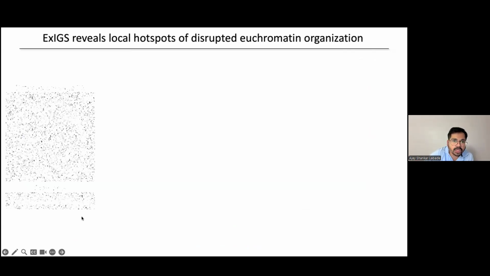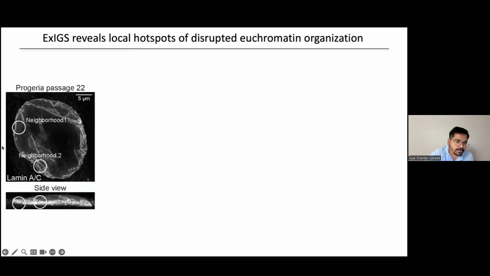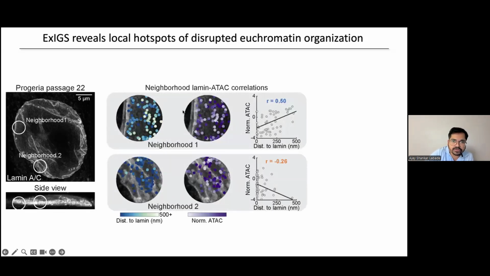But the nucleus is huge, and we wanted to know if there are good neighborhoods and bad neighborhoods in the nucleus. So we wanted to know if it is local or global disruption. So for example, in this progeria passage 22 cell, there are two neighborhoods, neighborhood 1 and 2. What we can do is look at these two different neighborhoods and find out the ATAC score for each of these chromatin fragments.